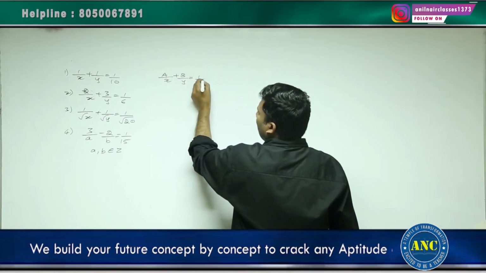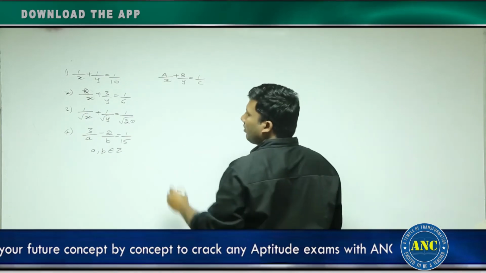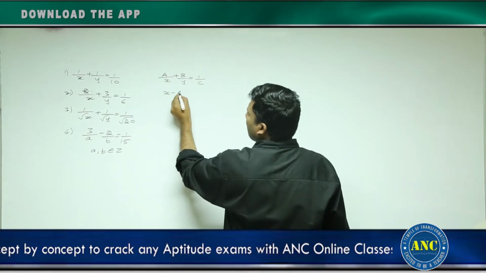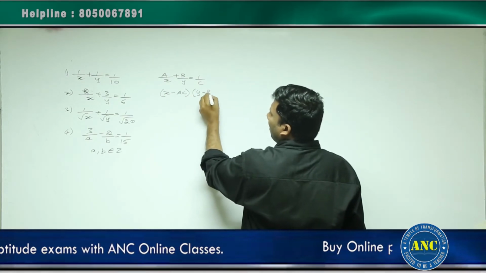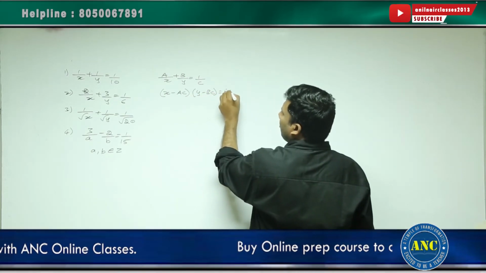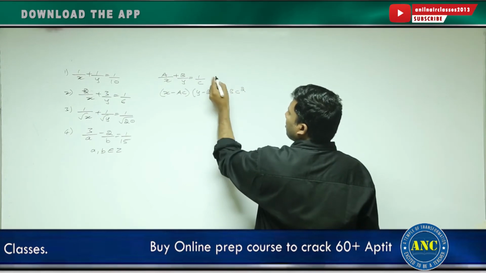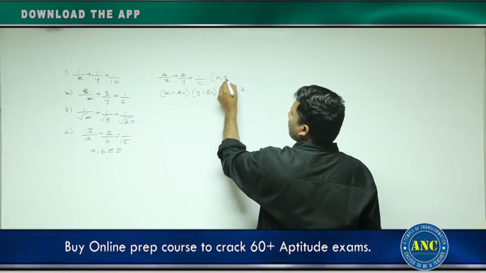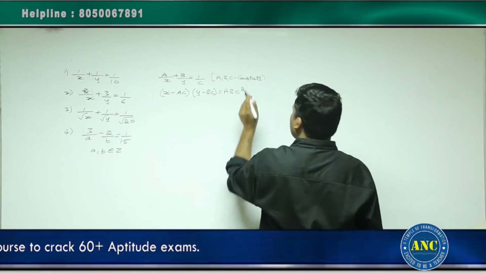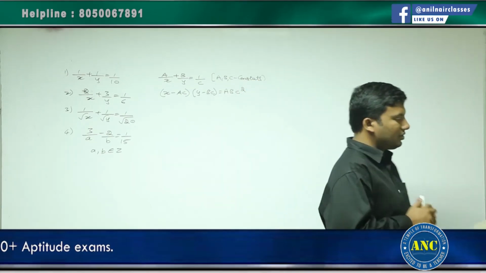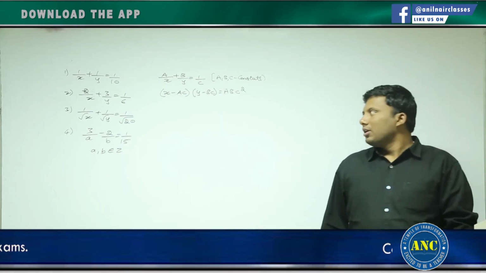If the equation is of the form a by x plus b by y equivalent to 1 by c, it is nothing but x minus ac into y minus bc equivalent to a into b into c square. Not abc whole square, a into b into c square. This is derived after taking the LCM of xy. Please write down this.